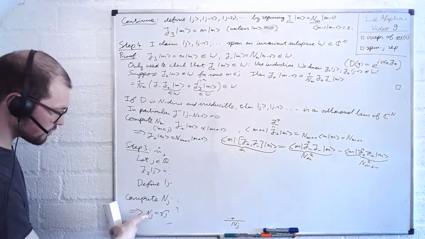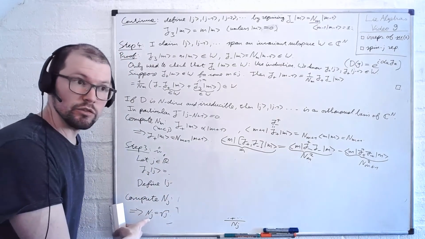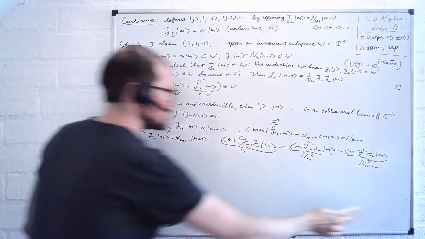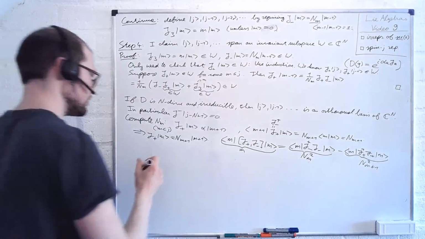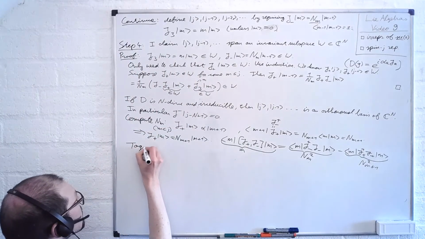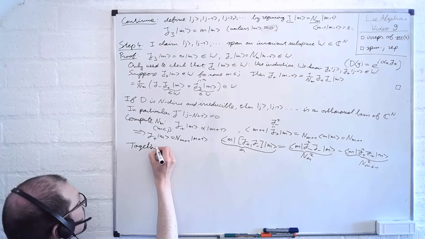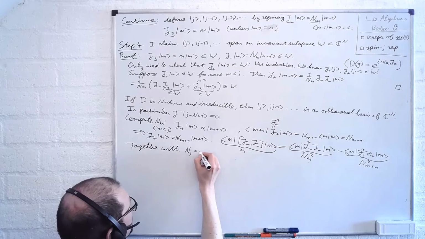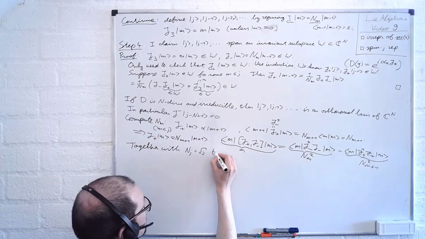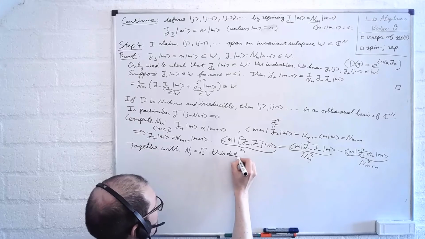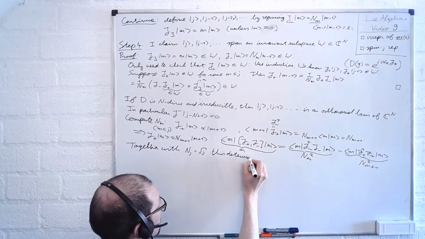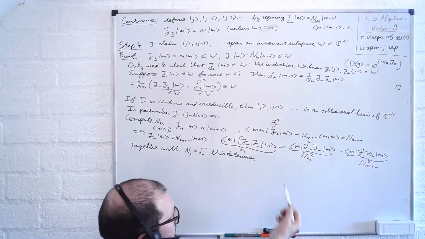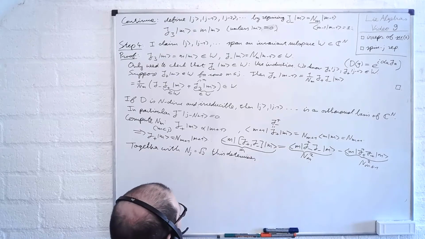So together with this fact that we know the normalization for the highest weight, m equals j, this completely determines all normalizations. So together with n of j being the square root of j, this determines the solution to this equation uniquely, and it's a little exercise to determine what the solution is.